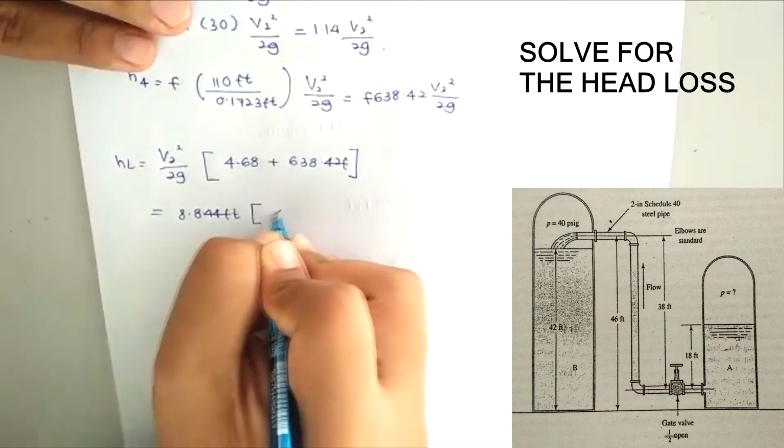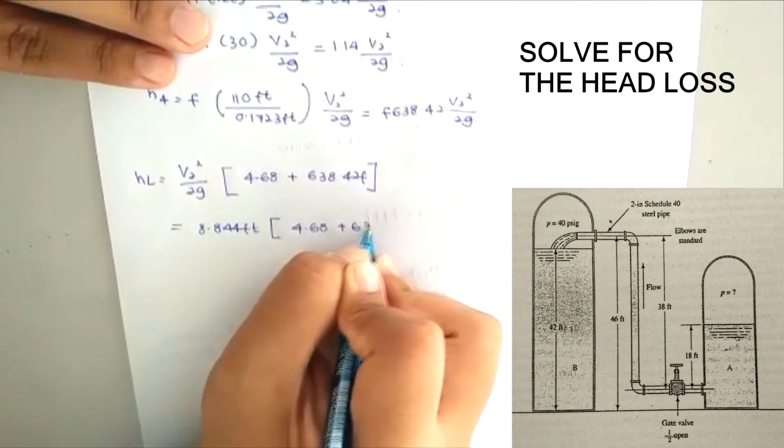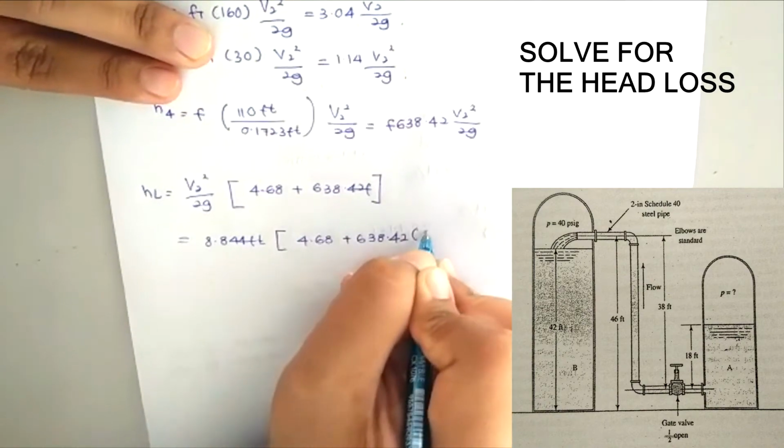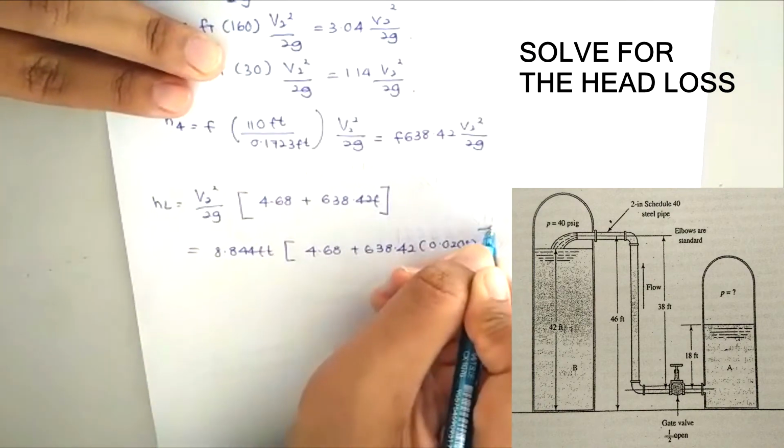Then, sum up H1, H2, H3 and H4 to get the final answer for head loss.